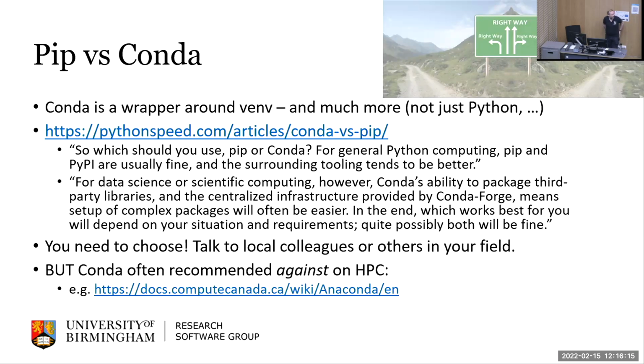If you work in a field where everybody publishes their libraries to the Python Package Index, PyPI, and not to Conda, then insisting that you want to use Conda might not be very helpful. Likewise the other way round, some fields publish all of their stuff to Conda, but not to pip. So you probably want to use Conda in that situation.